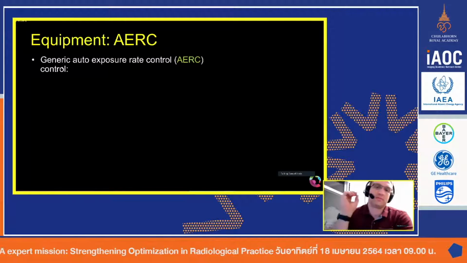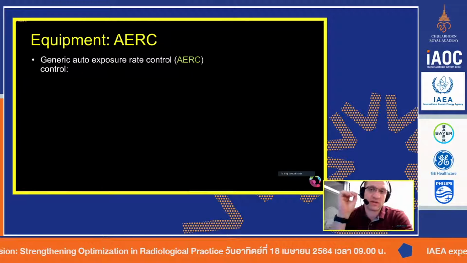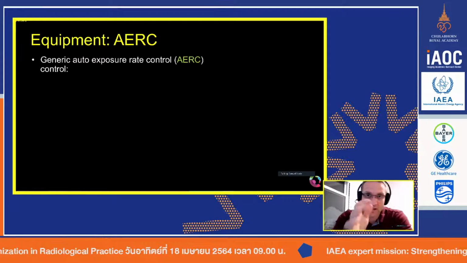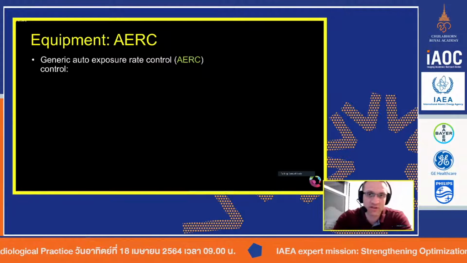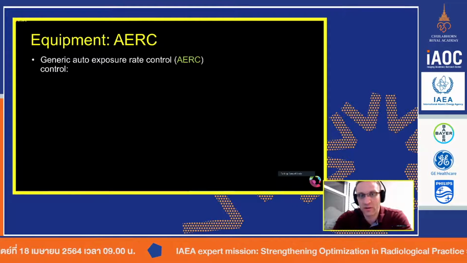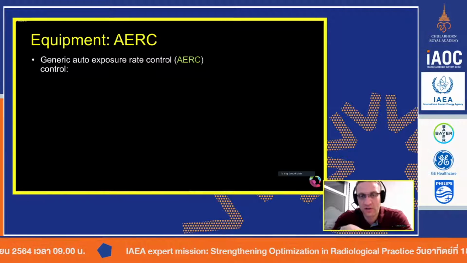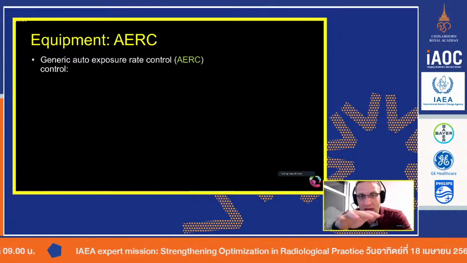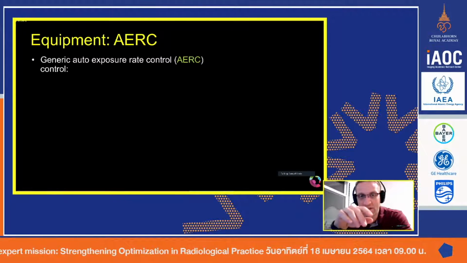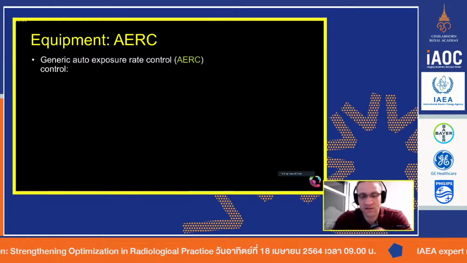So what we need to do to get good image quality, good noise control, starts before the first patient even walks into the room. The medical physicist needs to work with the system. They need to measure the amount of radiation dose at the detector, that EERD, the entrance exposure rate to the detector.